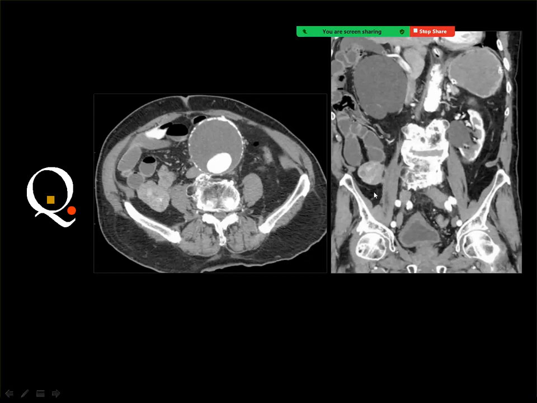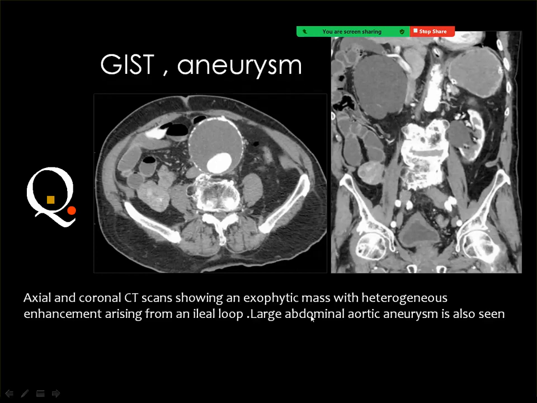Carcinoids are usually strongly enhancing, and they introduce a reactive fibrosis or fibrous strands, which can produce some sort of retraction of the mesenteric fat, and this usually characterizes the carcinoid tumor. Then this is GIST tumor, and this is aneurysm.